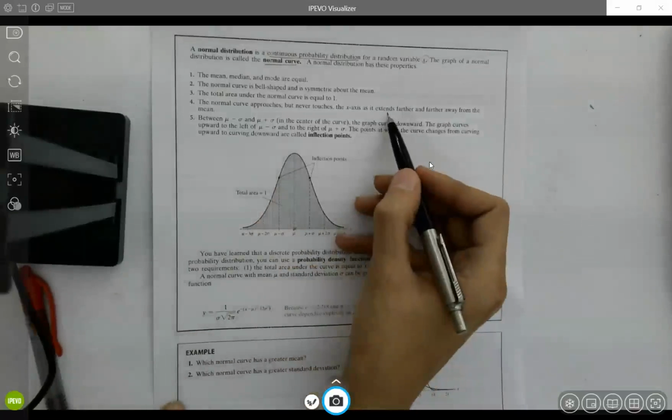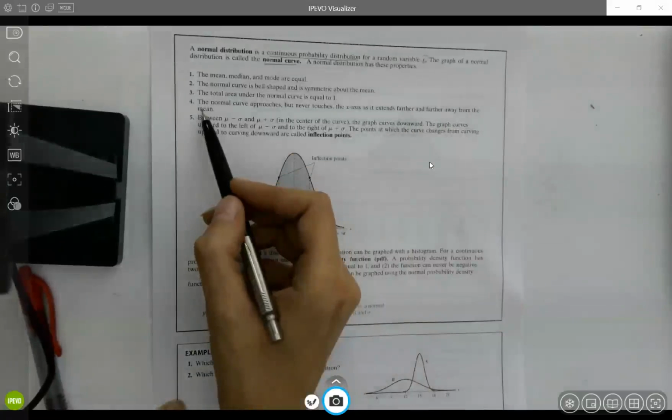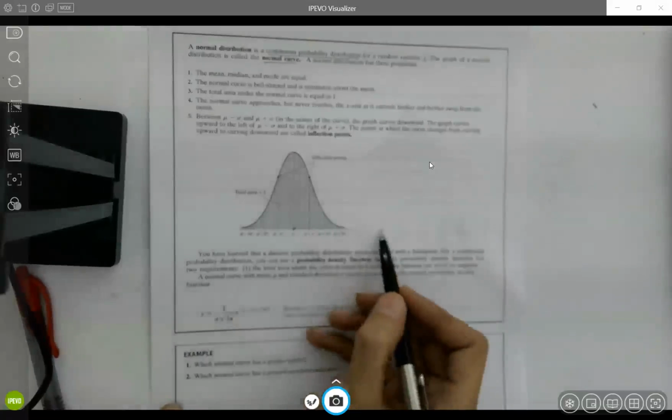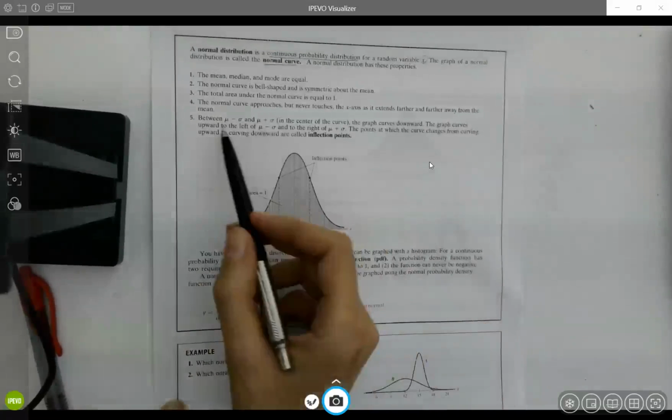And it extends farther and farther away from the mean. So these two are going to the left, to the right.